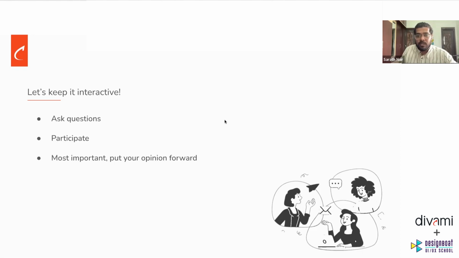For the user, their end goal is how to finish a task, how to get things done, or how to reach from point A to point B in an application.